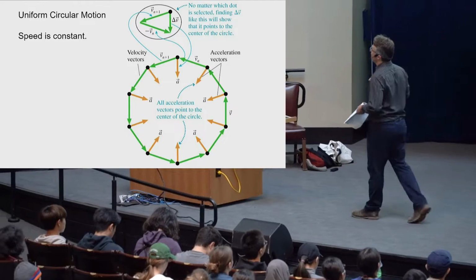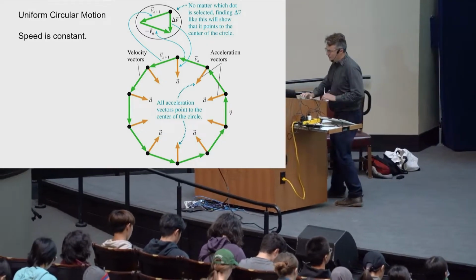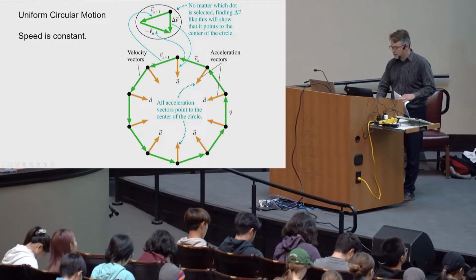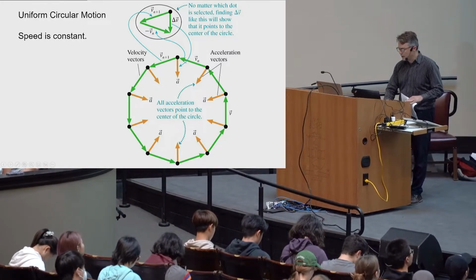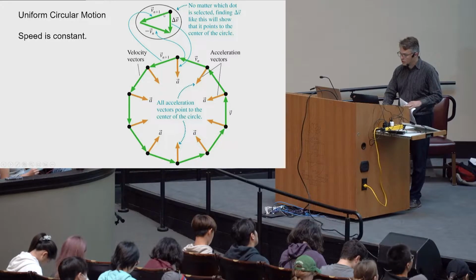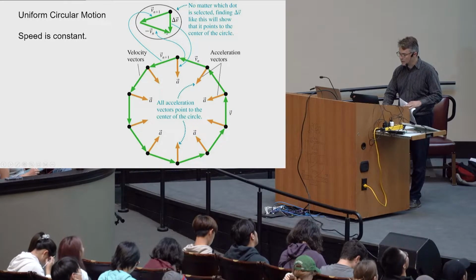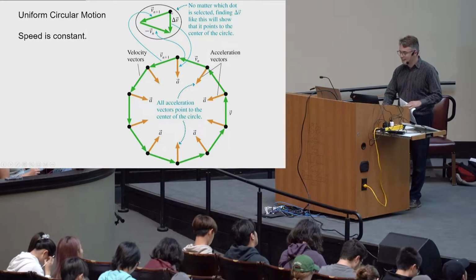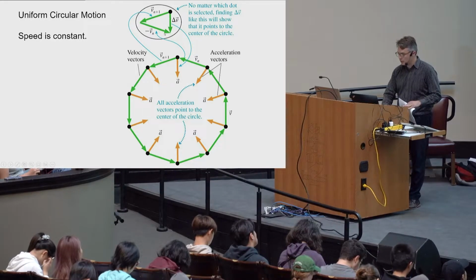And that's exactly what's happening here. If v final is over here and v initial is over here, then delta v equals the final minus the initial.